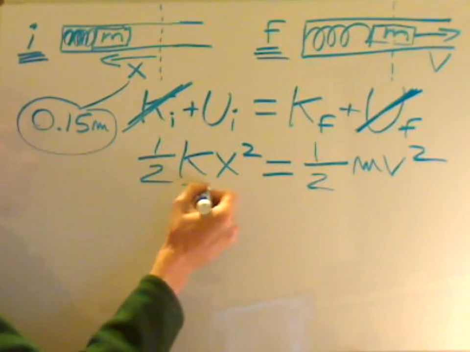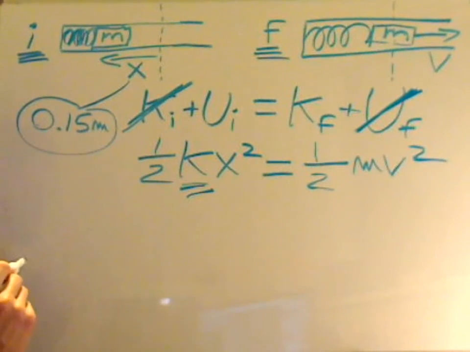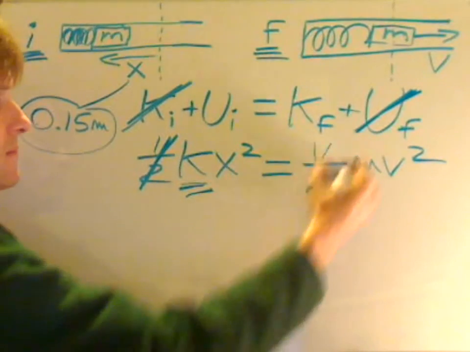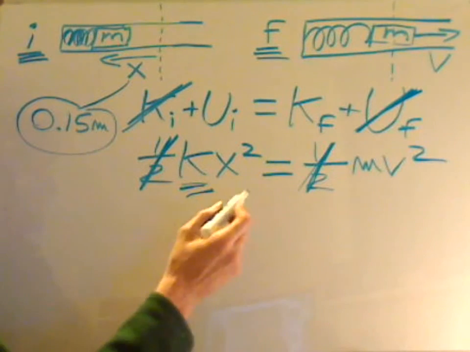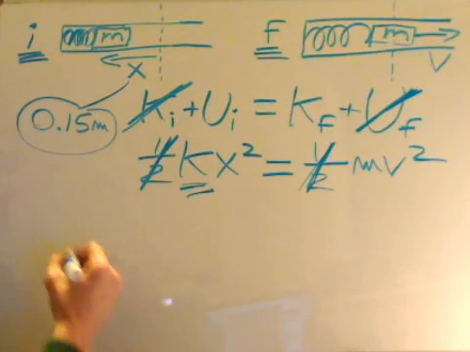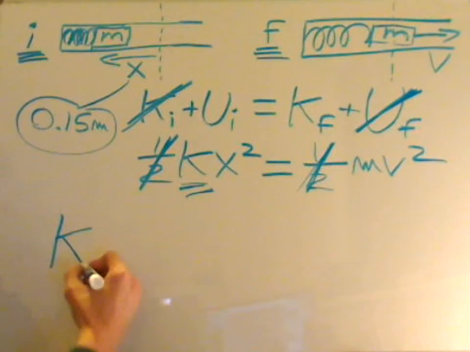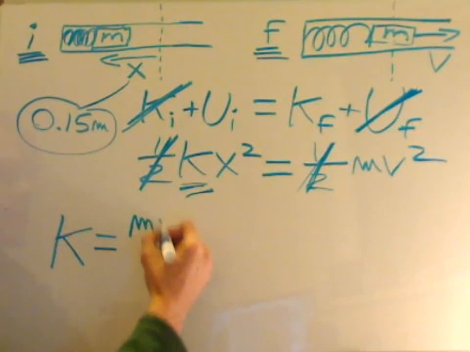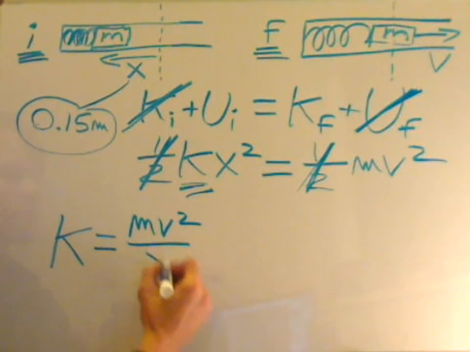So we're asked to solve for k here, so we want to get an expression for k. The 1/2s cancel. Divide both sides by x squared, and what we get is that the spring constant, k, is equal to mv squared over x squared.